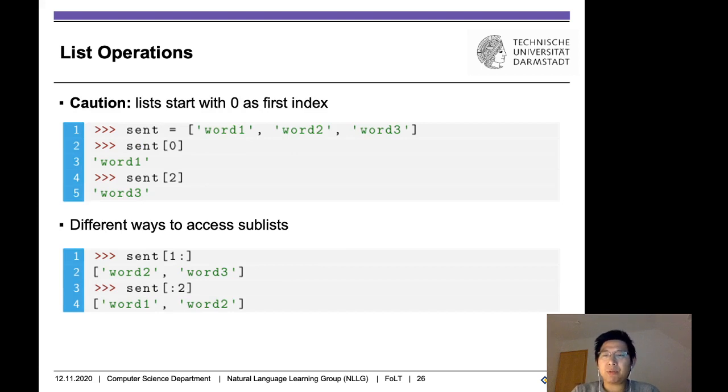But be careful, the index starts from 0 instead of 1. So if you specify an index of 2, then you will get the third word in the list.